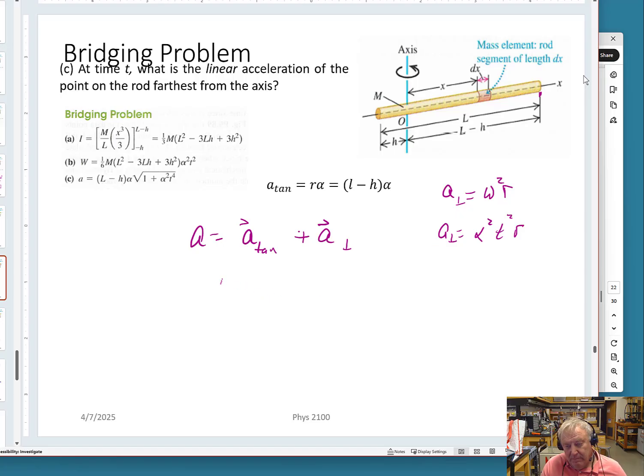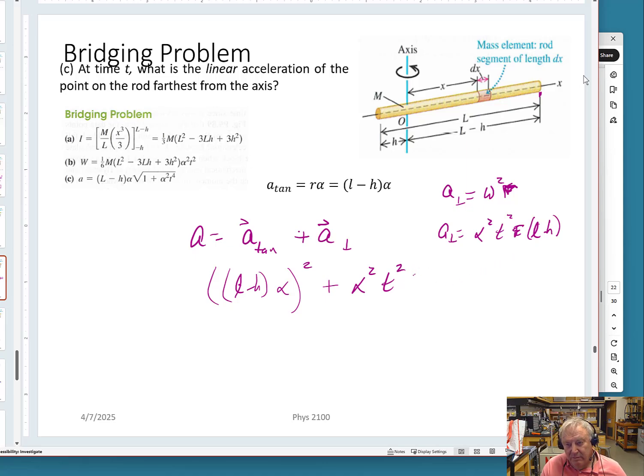So that's, let's see, L minus h times alpha, squared, plus alpha squared t squared L minus h, squared. Yeah. So that's L minus h.